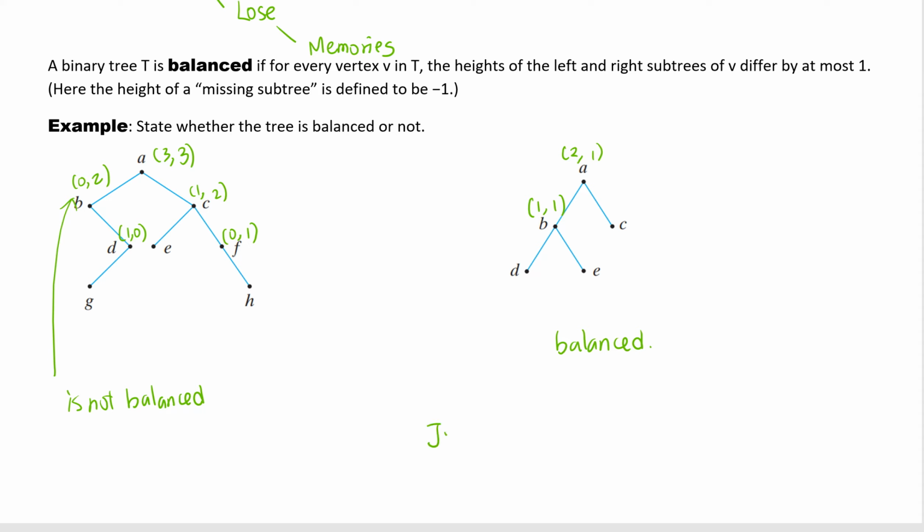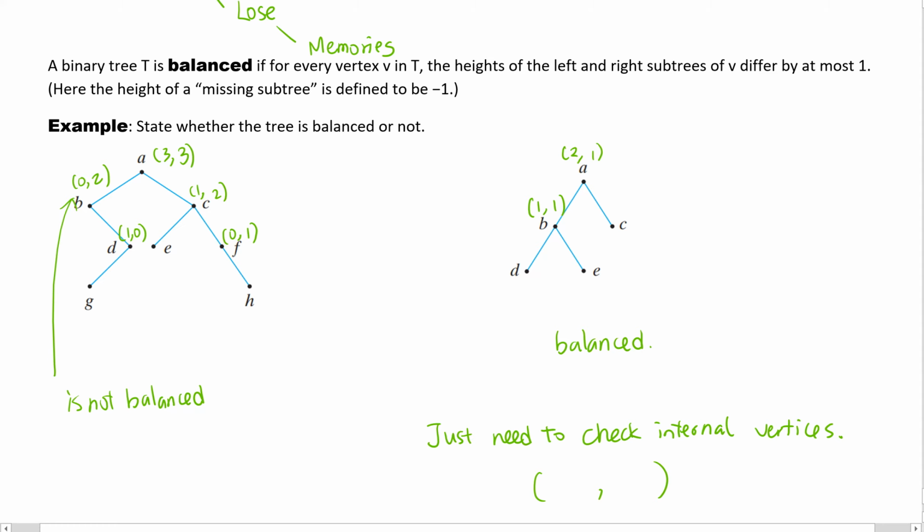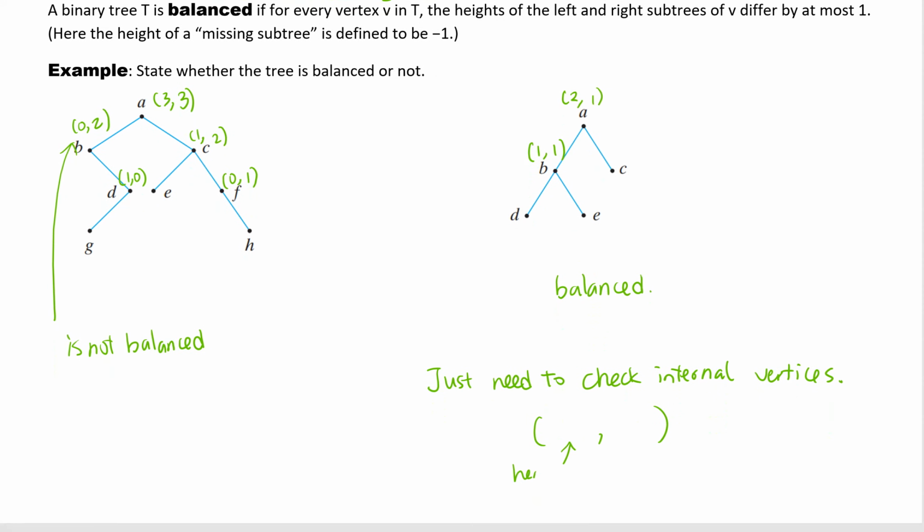Keep in mind, we just need to check the internal vertices. We check the height of the left subtree and the height of the right subtree, and we want the difference to be at most 1.